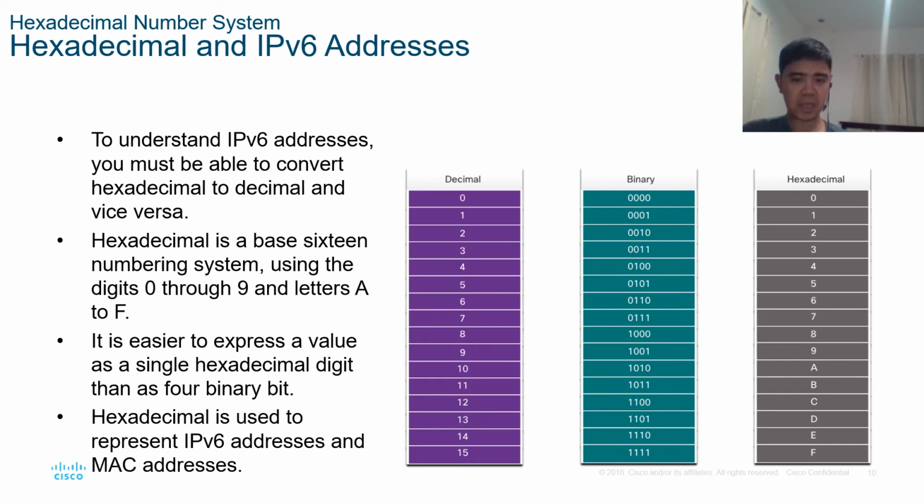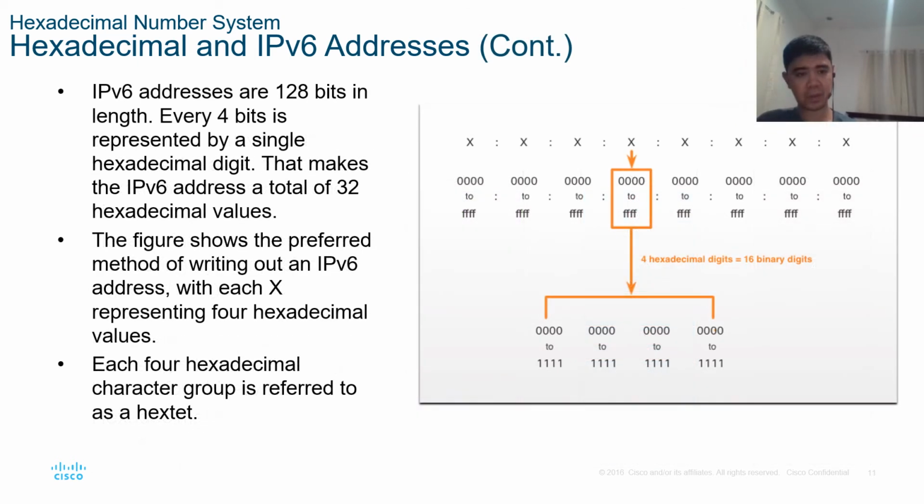B is 11, C is 12, D is 13, E is 14, and F is 15. One component that uses hexadecimal is IPv6 and another is the MAC address. They are in a hexadecimal format.